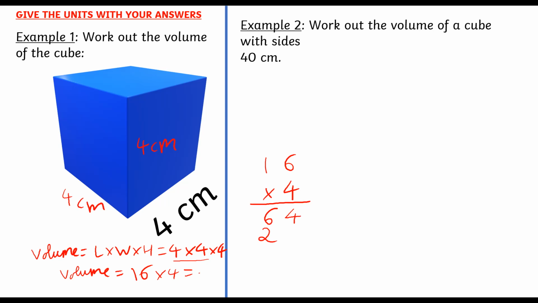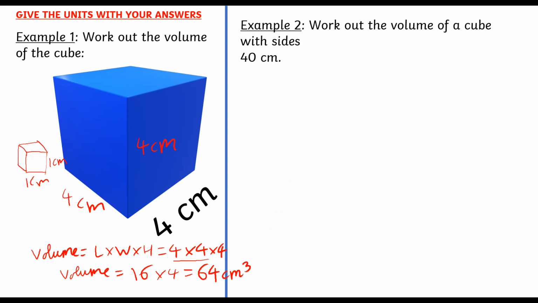So I end up with 64 centimeters cubed. So that cube there is made up of 64 of these little centimeter cube blocks. So that's how we'd work out the volume of that cube.